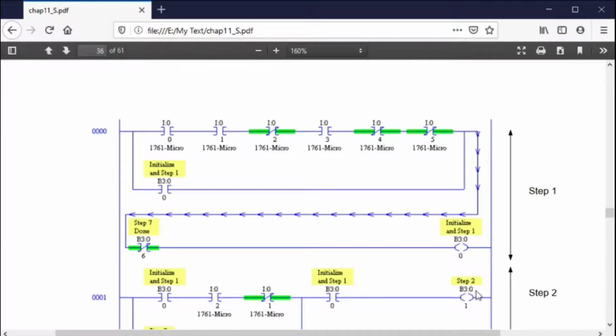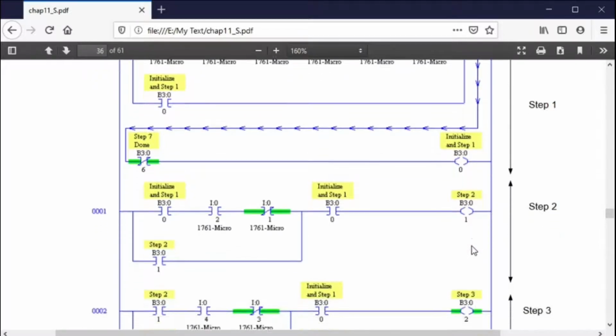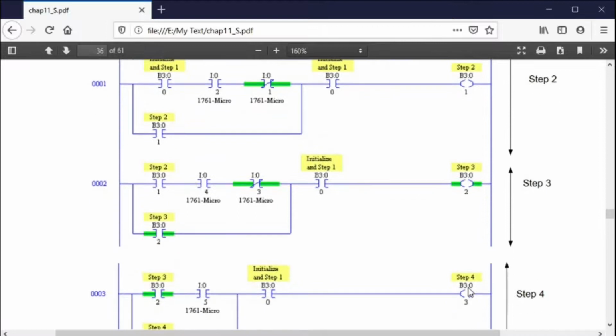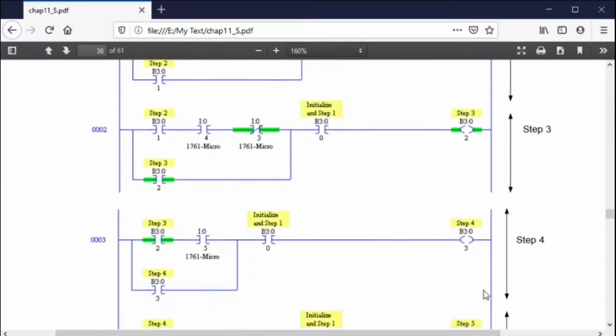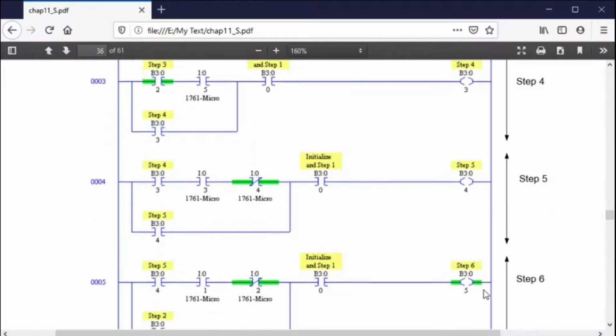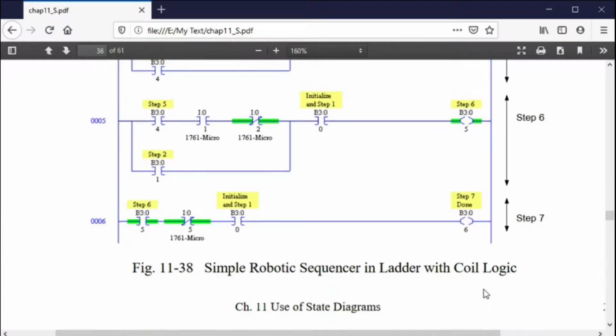When the first step is done, these would turn on, and then this one would turn on. So this one turns on, then you're doing step 1. This one turns on, then you're doing step 2. This one turns on, and you're doing step 3. This one turns on, and you're doing step 4. So what happens is seal, seal, seal, seal, done. When you're done, the last one turns them all off, and you start over again. But you see how you turn these on in sequence.